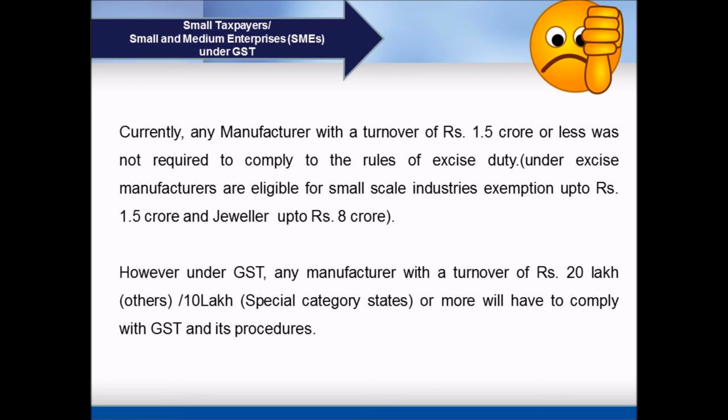Under excise, manufacturers are eligible for small-scale industries exemption up to Rs 1.5 crore and jewelers up to Rs 8 crore. However, under GST, any manufacturer with a turnover of Rs 20 lakh, others, 10 lakh special category states, or more will have to comply with GST and its procedures.